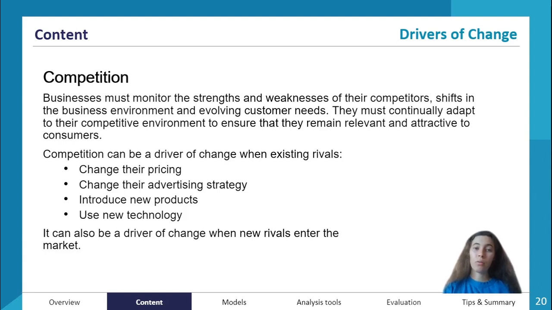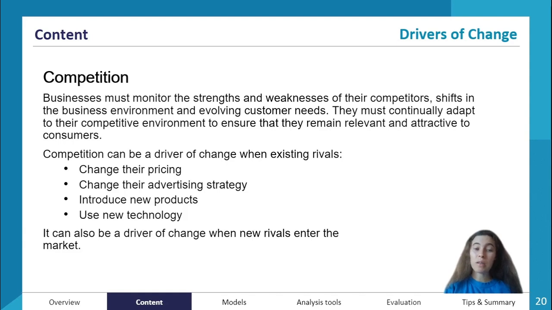So competition can be a particular driver of change in lots of different instances. So particularly when competitors are going to change their pricing, perhaps use different advertising strategies or marketing strategies, introduce new products or services as well, and use new technology.